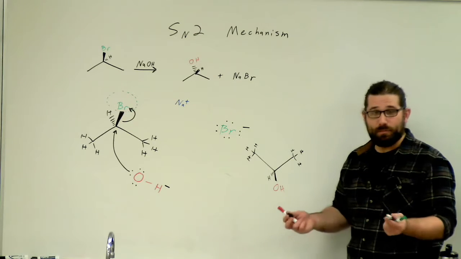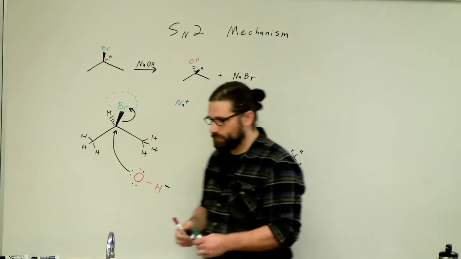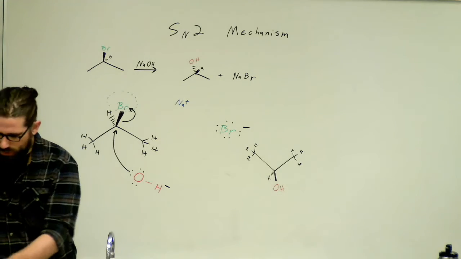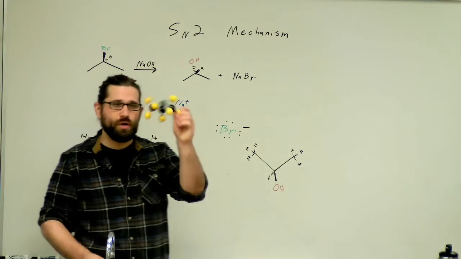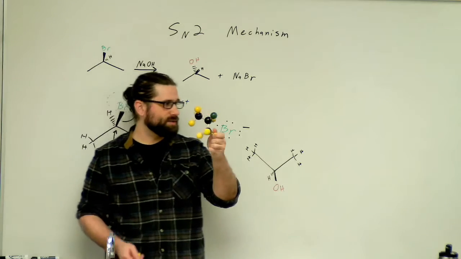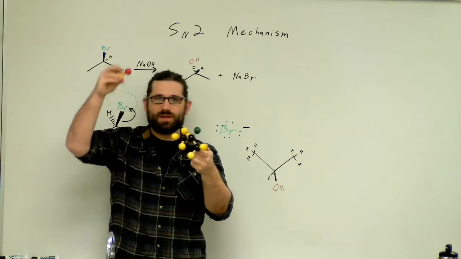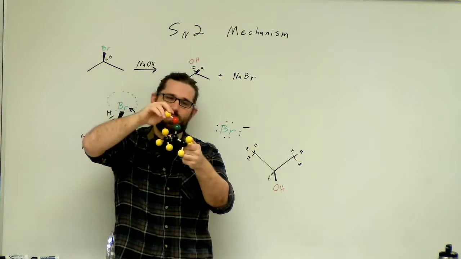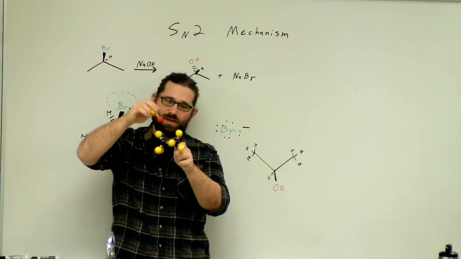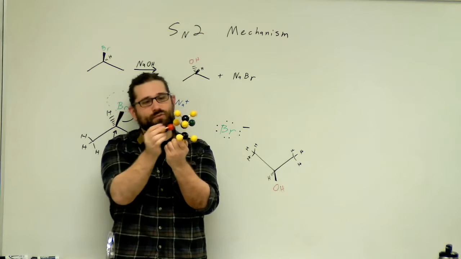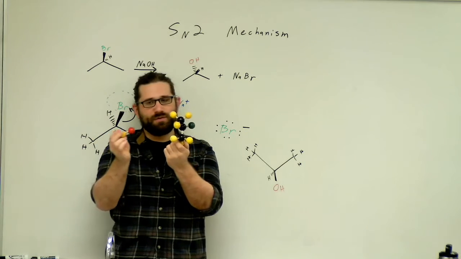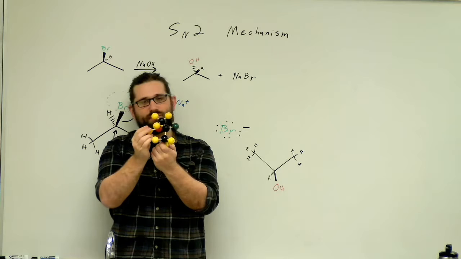So if I do this in my ball and stick models, then I have a bromopropane right here. I can see the green, this is my bromine. I can see that if the hydroxide group tries to come in, it's going to hit the bromine. It's got to come from the backside where it's got room to attack. So it's going to come in from the backside, and it's going to be bonding right here.